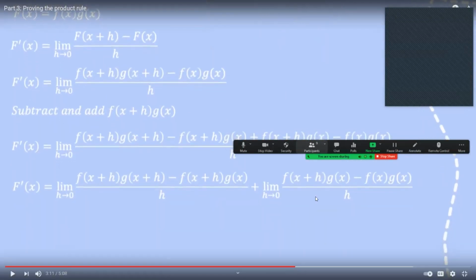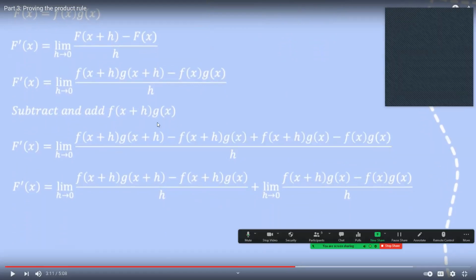So what she's done here is just taken the first two terms, written them as their own fraction over h, and the last two terms, written as their own fraction over h. And you'll see why this is useful in just a moment.